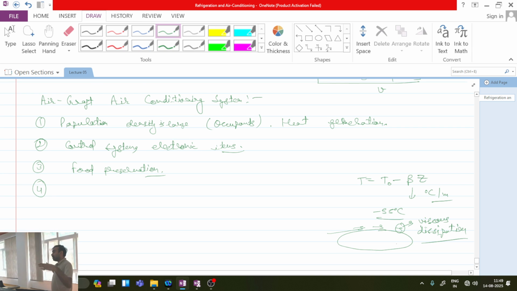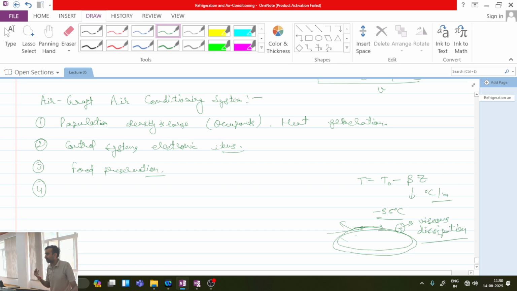Okay, so because aeroplane flies at very high speed, heat generation due to viscous dissipation is significant. This heat generation will create a blanket of hot air across the body of the airplane. This blanket of hot air will not allow heat to transfer from inside to the outside.